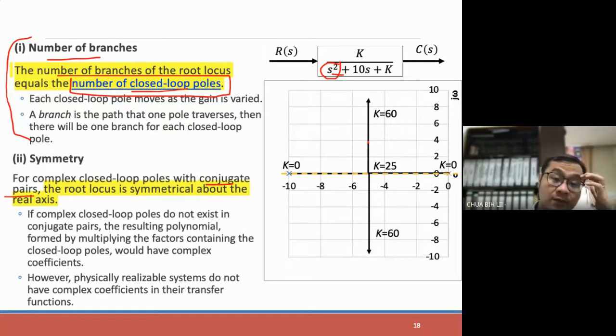Therefore, the root locus is always symmetrical. They always have a conjugate pair. From there we know that the root locus is symmetrical about the real axis. So this is the line of symmetry. Always remember this: the real axis is our symmetry line.